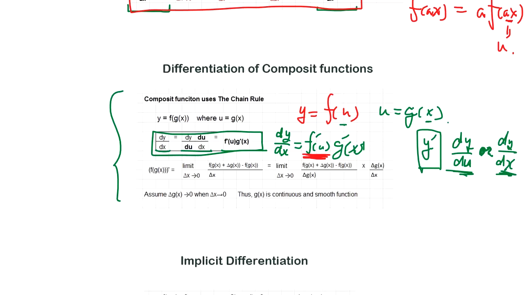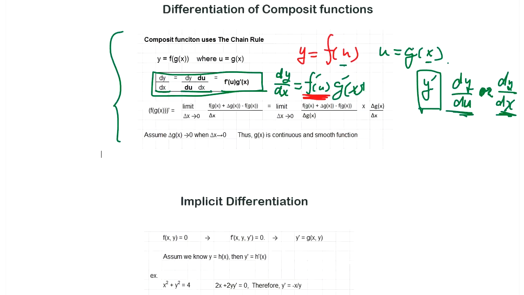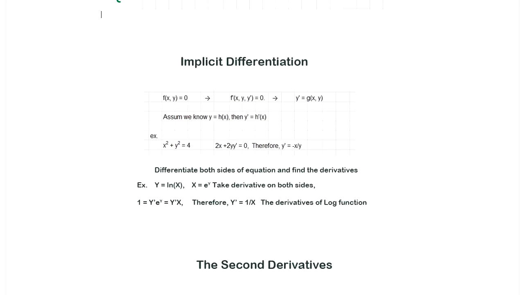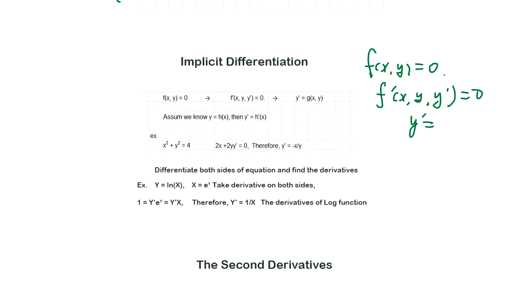Now, method of taking derivatives. There is one technique called implicit differentiation. That means if function is f(x, y) equals 0, like a conic function, then you can take derivatives and calculate y prime.